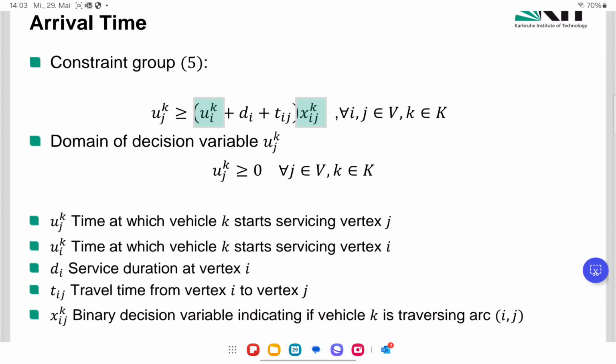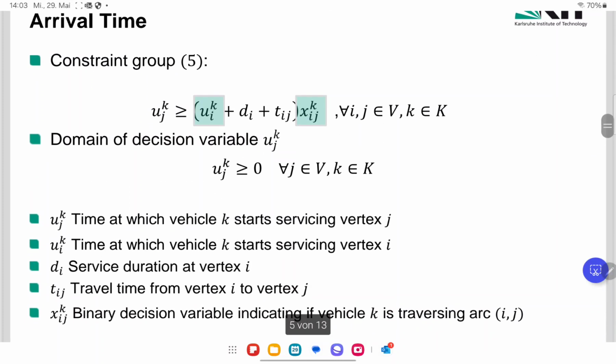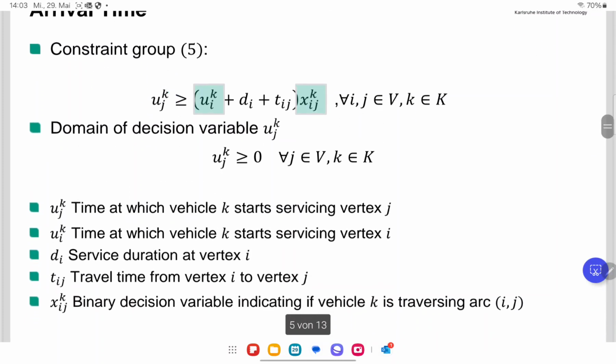This is simply because this inequality constraint holds not only for one i, but for every i, j, and k. So that means you have several constraints, and this is why, if you look into the research papers, you will see that constraints 5 ensure, or you can say constraint group 5.